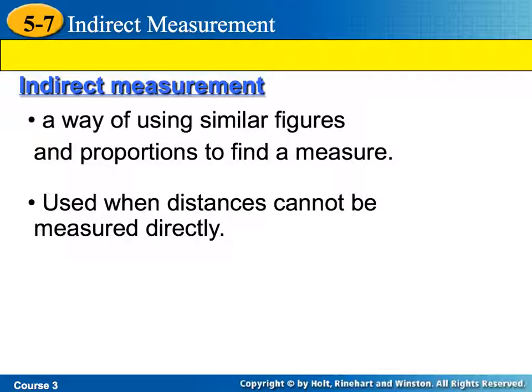So it's not like you can just pull out a tape measure and measure across a lake. That might be a little bit tougher. Or pull out a bunch of yardsticks and crawl up a flagpole. Could you do that? Yes. Would it work? Yes. Would it be a pain? Yes. So let's use indirect measurement.